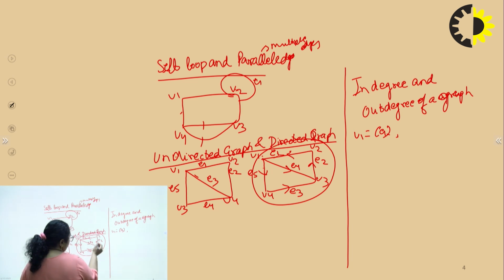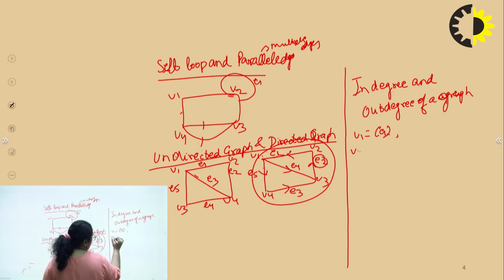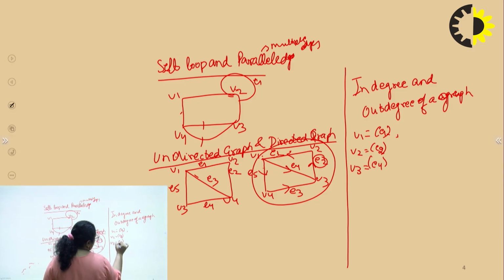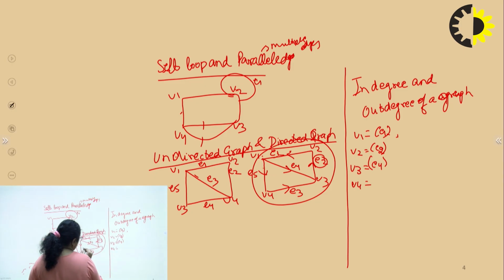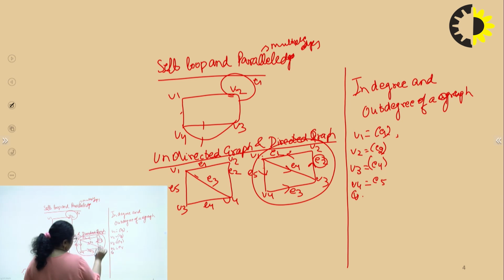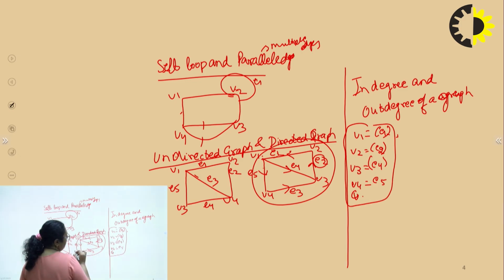Suppose we look at V2, V2 has in degree E2 because edge E2 is incoming. For V3, V3 has in degree E4 because E4 is an incoming edge. For V4, V4 has in degree E5 because E5 is incoming. We have no other vertex. So in degrees are the edges incoming in the vertex.